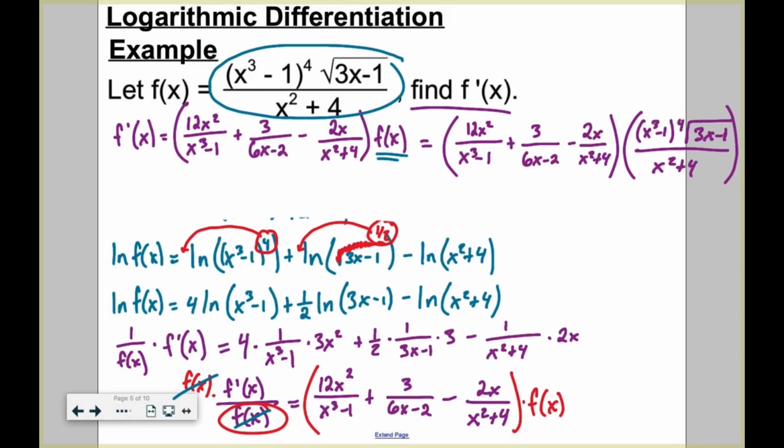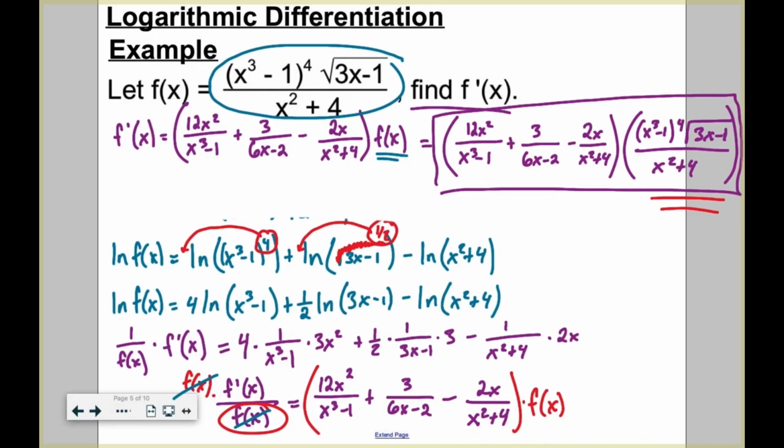And while technically you could distribute this whole last expression into the other three terms, this is as far as I'm going to require you to simplify this. That algebra is unnecessary. So therefore, that is your answer.